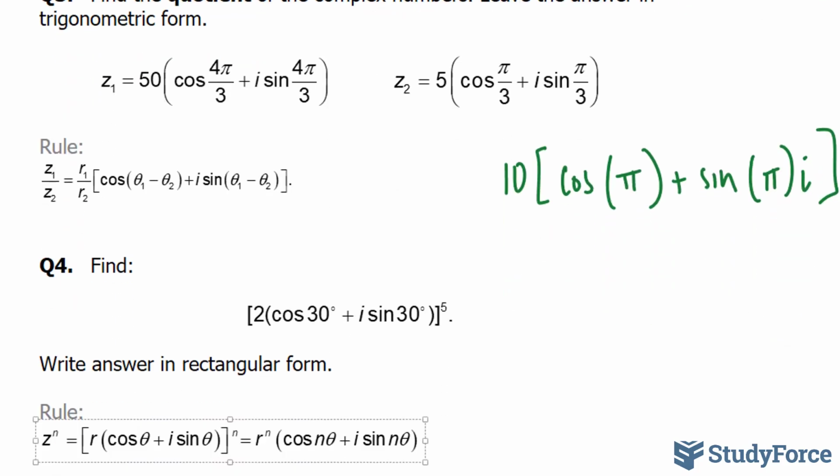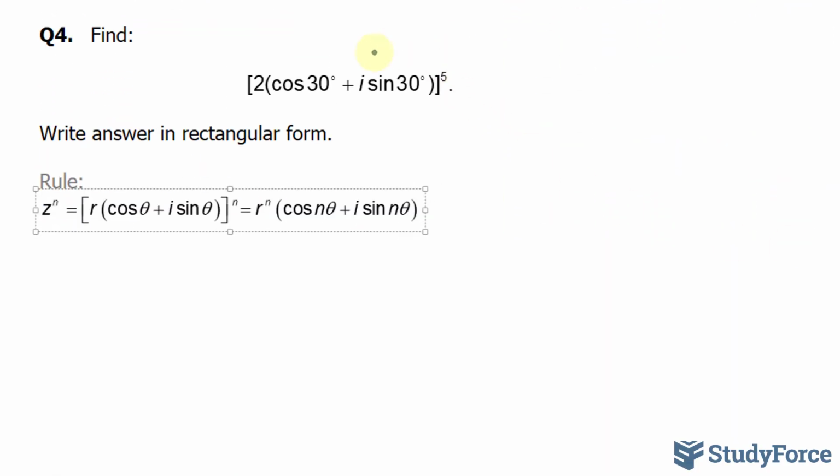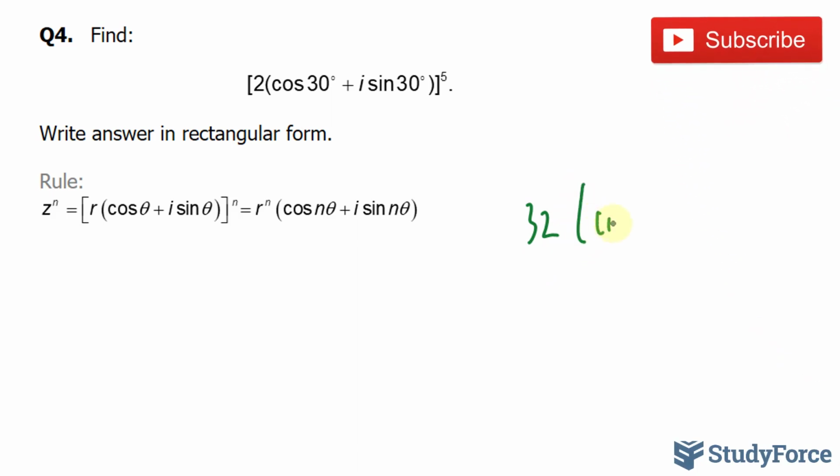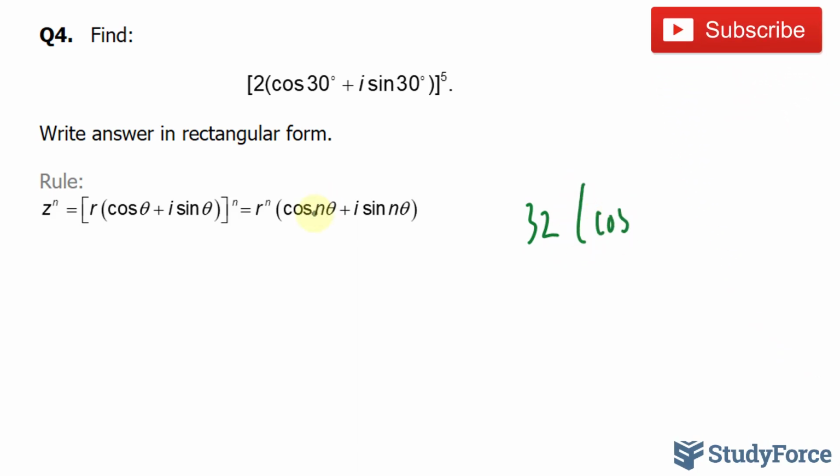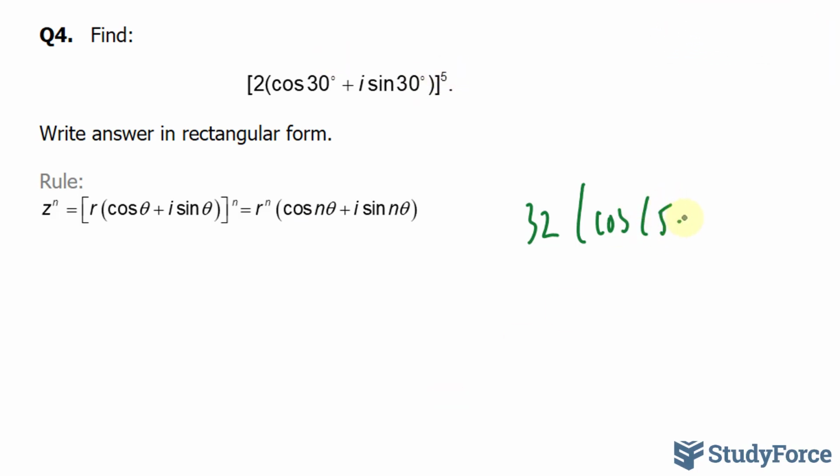Finally, in the last question, I'll show you what to do when you are raising your complex number to a power. Notice that our example is right here, and it's raised to the power of 5. In that case, you take r and you raise it to the same power. 2 to the power of 5 is 32. Bracket, cosine n, which in our case is 5 times 30.